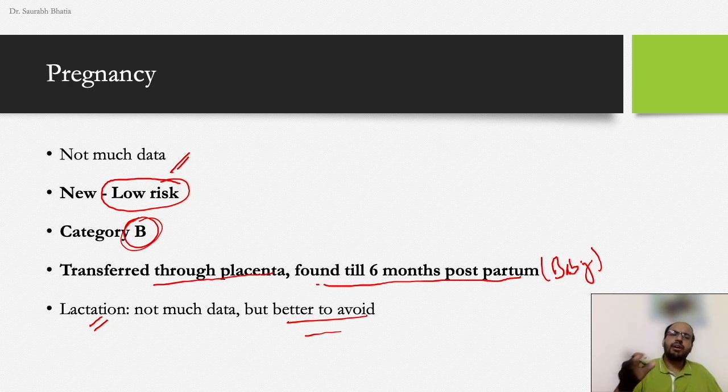So it's better to avoid lactation, but remember that in multiple countries and scenarios, lactation is a very important part of the child's health. So you have to weigh the risk factors, and you might have to continue lactation even with infliximab. Clear?